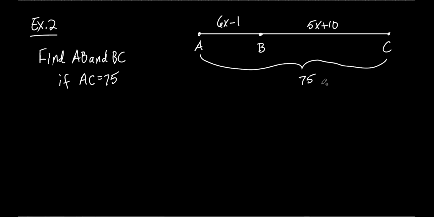Oh, you got to do 6x minus 1 equals 75. No, it doesn't equal 75. Because remember the one we did earlier with the 3 and the 5? We didn't say 3 equals 8, did we? What did we do to that 3 and that 5? When this was a 3 and this was a 5, we added them up, right? And we got the whole thing. So what are we going to do here? We're going to write it down. What do we do with this 6x minus 1 and that 5x plus 10?